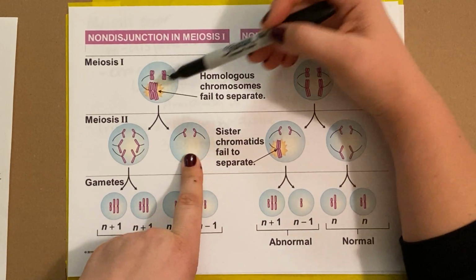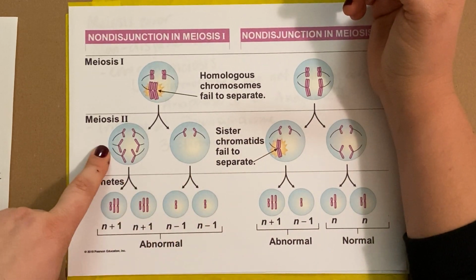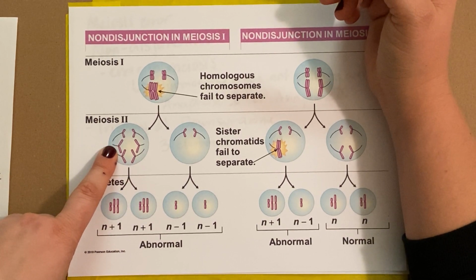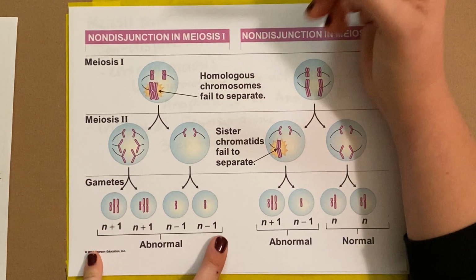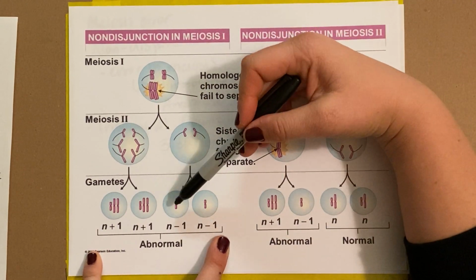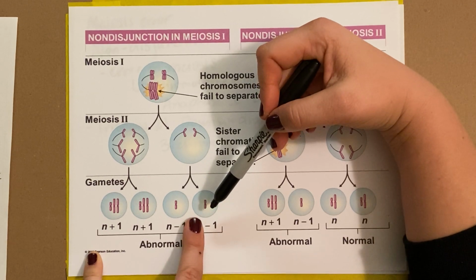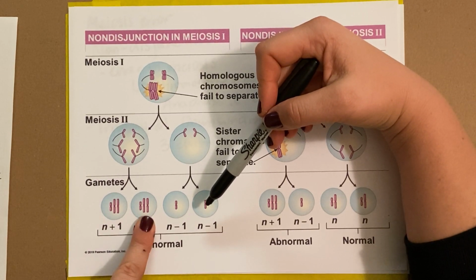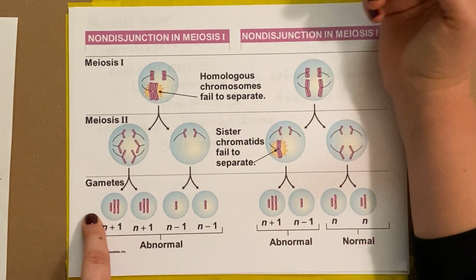There are actually 0 of the large chromosome here, and on this one, there are way too many. What that's going to end up doing is creating 4 abnormal gametes. So you have 2 gametes that are missing a chromosome, and 2 gametes that have an additional chromosome that they don't need. So these are going to cause issues.